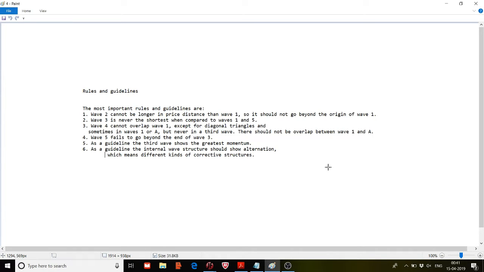Then another thing is that wave 4 cannot overlap wave 1. That means if wave 4 comes back to the starting point or the end point of wave 1, that cannot be called the Elliott Wave Principle. Sometimes there are different patterns, like diagonal triangles, as I discussed in a previous webinar.